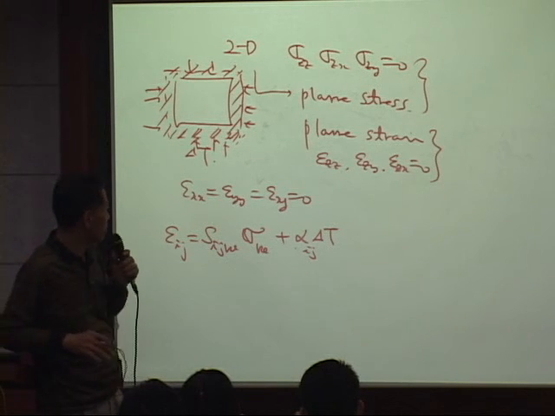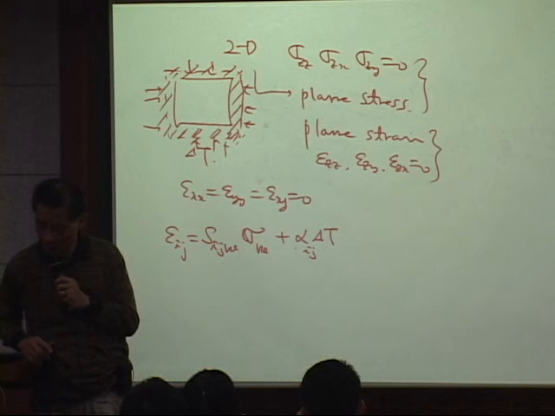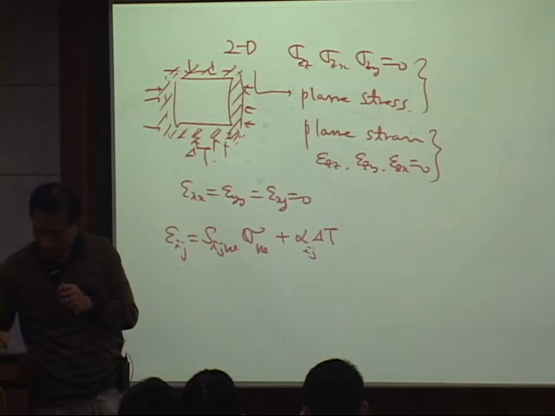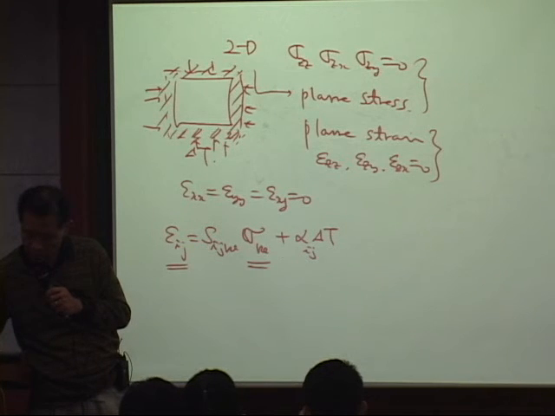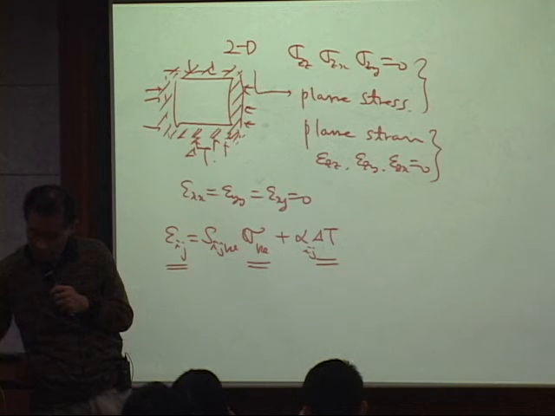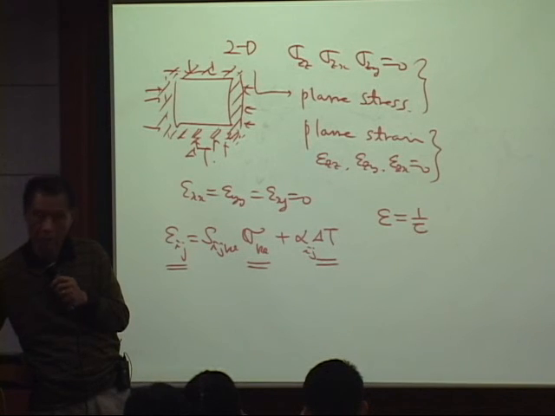Well, it's just a little complicated equations here, but conceptually there is the strain and stress and delta T here. So in the one-dimensional case, we have a strain equal 1 over E, right? 1 over E and sigma.